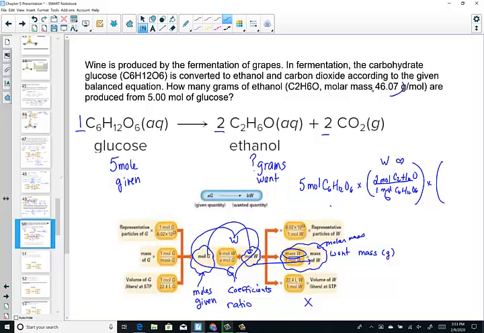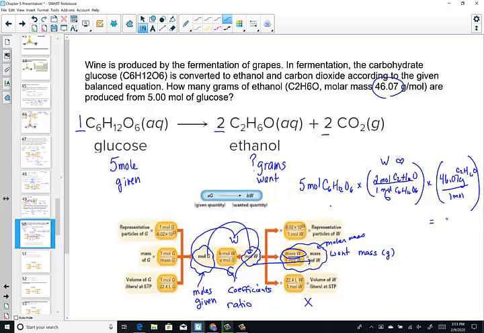And see how nice they were? They gave that to us in the story problem. 46.07 grams is the molar mass of C2H6O for every 1 mole. So we start with our mole quantity of 5. We multiply by our mole ratio of 2 over 1.